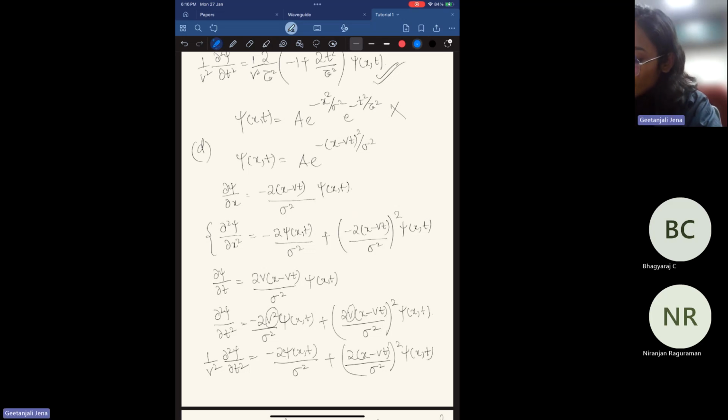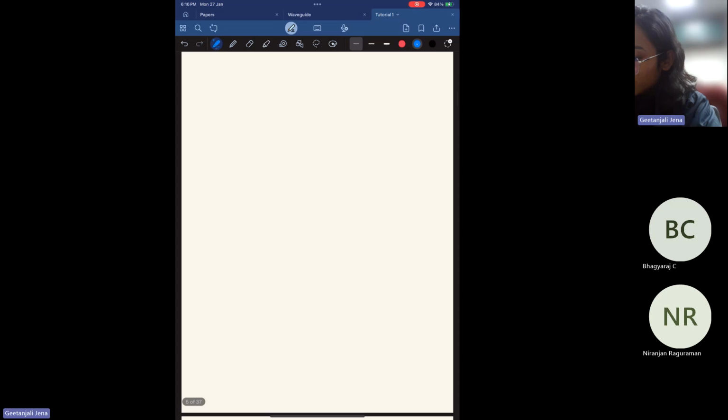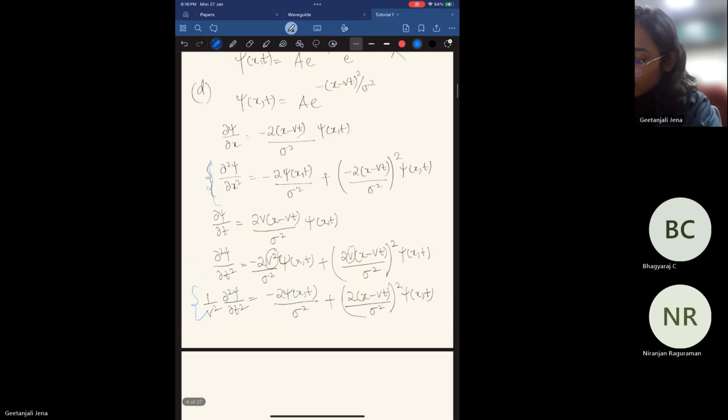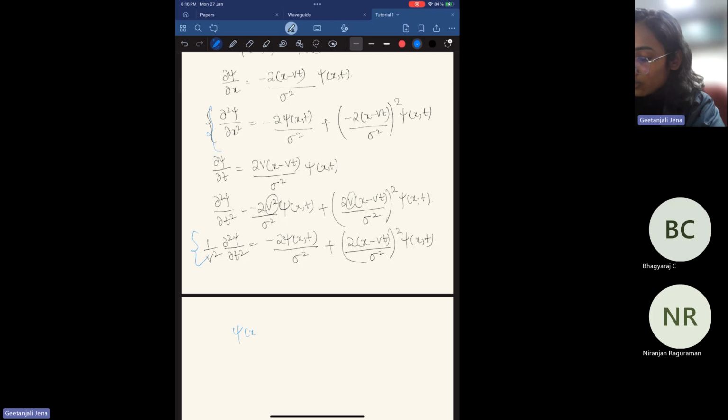Okay. So now if you compare this term with this term, these are equivalent. So this shows that this psi that we have now is a wave. Okay.